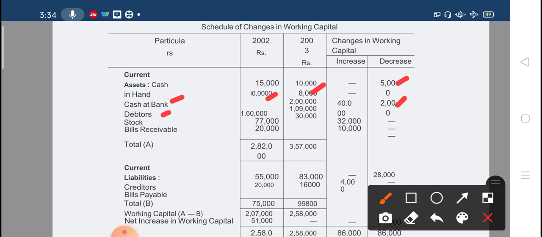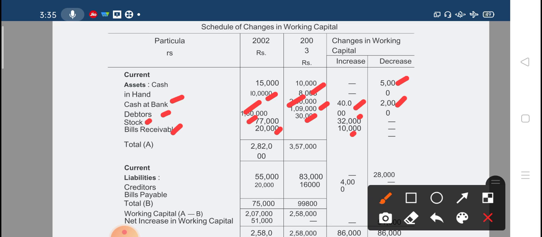Debtors 1,60,000 and 2,40,000, increased. Stock 77,000 and 1,09,000, 32,000 is increased. Bills receivable 20,000, 30,000, 10,000 is increased here.